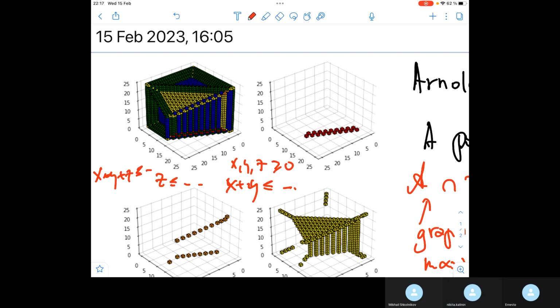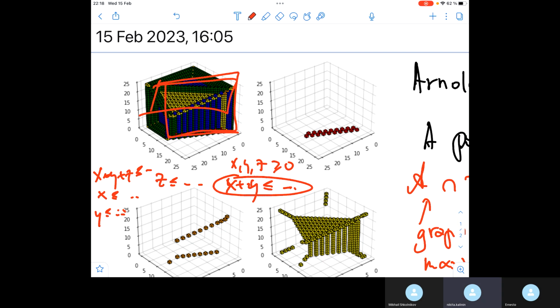And maybe also x less than something and y less than something. So basically you take a cube, 25 times 25 times 25. Then you also add this plane, and you also cut it by this plane. And that's my polytope alpha.